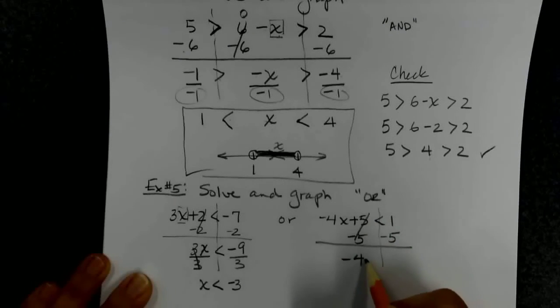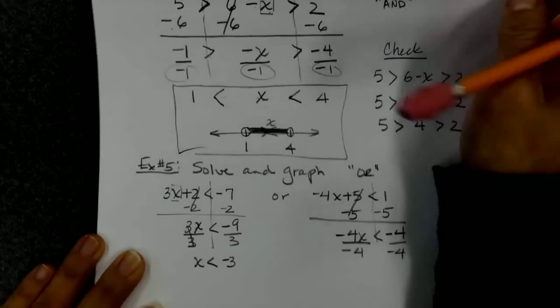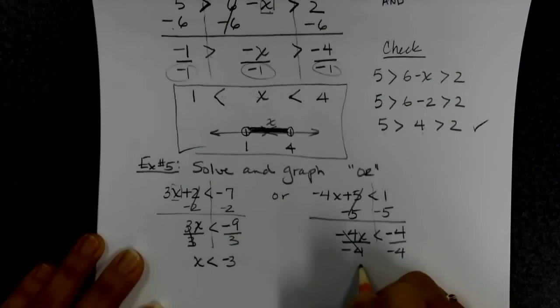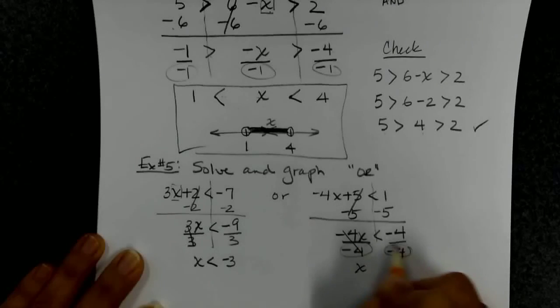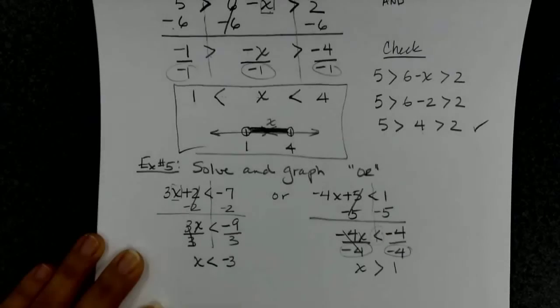We get negative 4x is less than negative 4, and then we're going to divide by negative 4, so that x is by itself. X is greater than 1 over here, and because we divided by a negative number, we've got to flip, and we're going to put the word OR here.